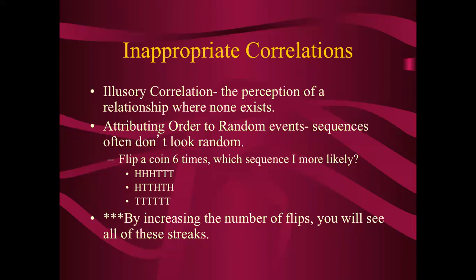Option B is a head, a tail, a tail, a head, a tail, a head. Or option C is 6 tails in a row. Which of the patterns is most likely? If I didn't give you the answer on the bottom, most people would pick option B.